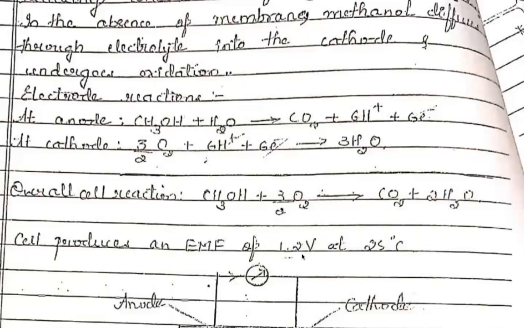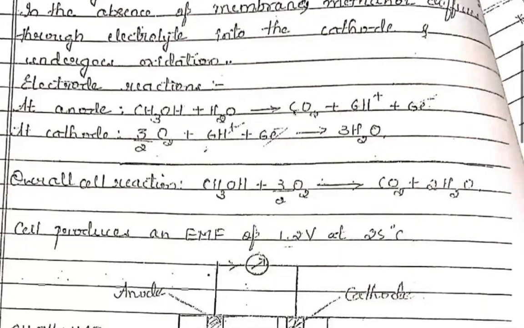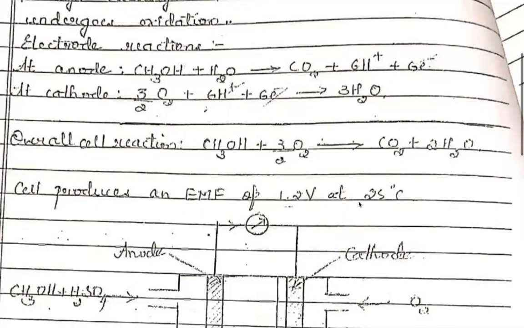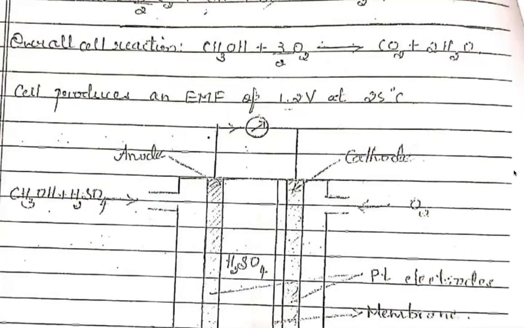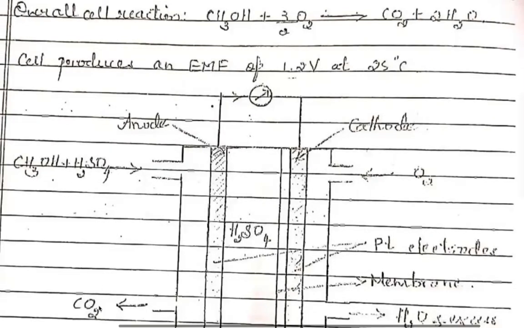Why not alkali? The reason is, what is the product formed at the anode? Carbon dioxide is the byproduct which I am getting. This carbon dioxide will not react with acid, so it does not react with H2SO4.